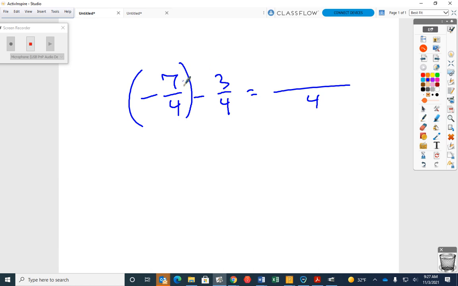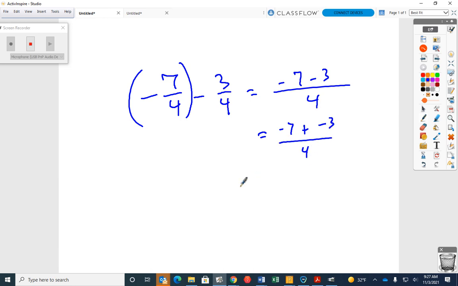All right. Negative, say it with me, negative 7 minus 3. Is that normal subtraction? No. And if it's not normal subtraction, I should copy add opposite. So this negative 7 stays the same. This subtraction becomes addition. What's the opposite of 3? Negative 3. All of that over 4, right?